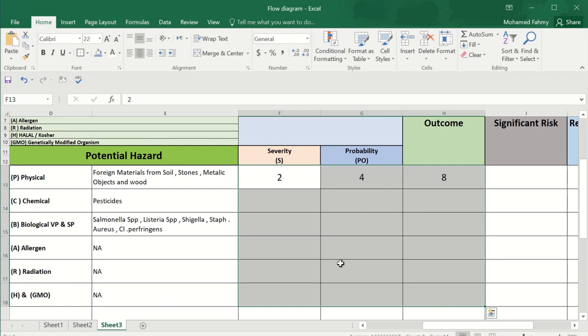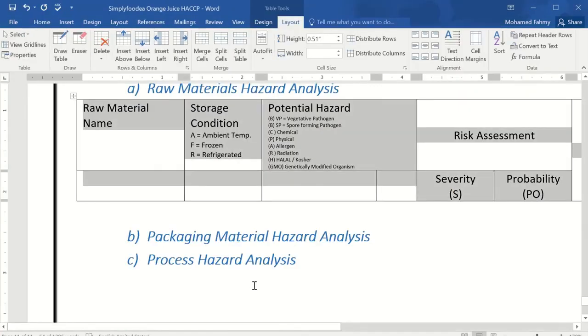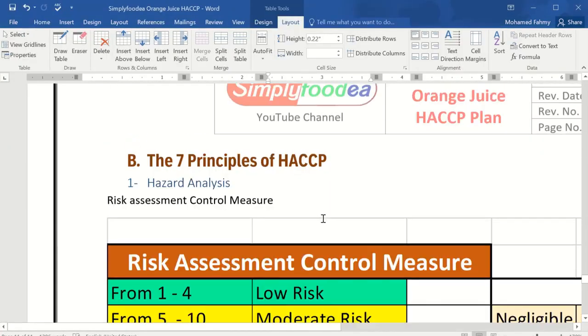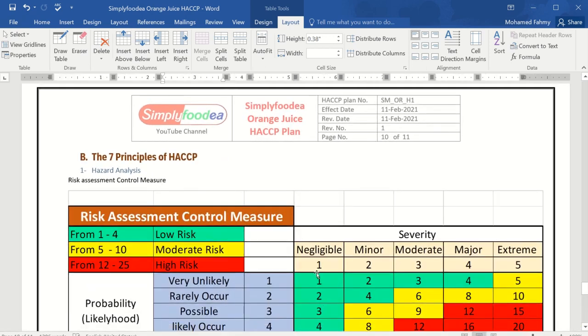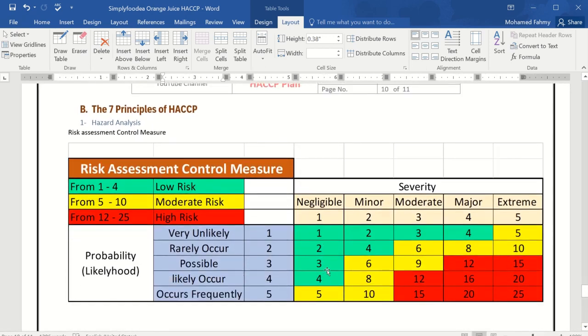If you remember from our video before, from 1 to 4 is low risk, from 5 to 10 is medium risk, and from 12 to 25 is high risk.